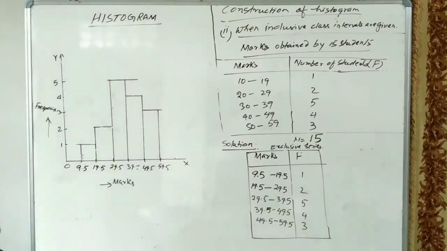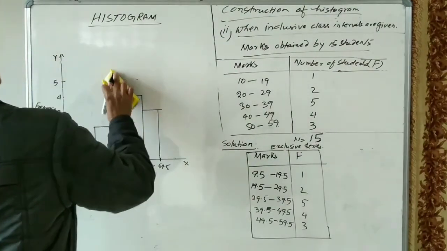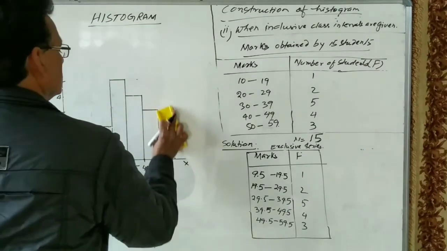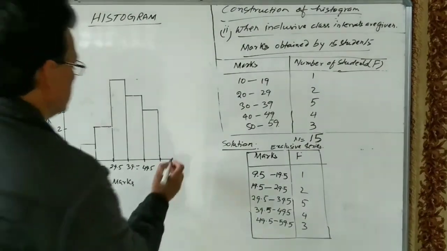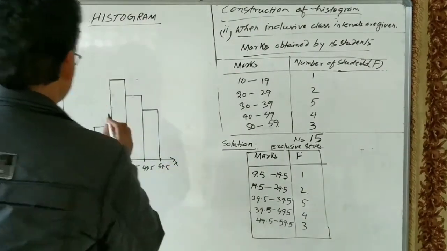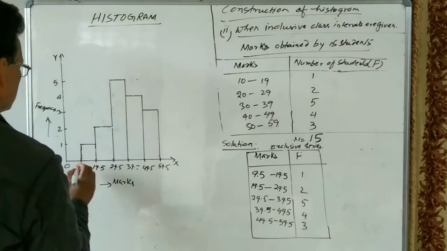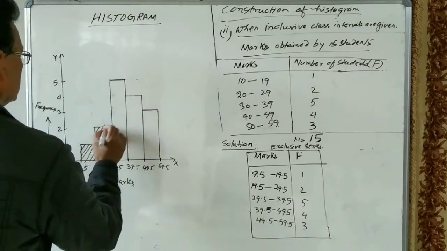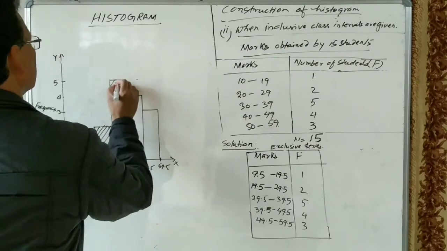So this is a histogram. We can erase the axis point, and this becomes the histogram. We can give the color also. I told you the histogram should look attractive and impressive.